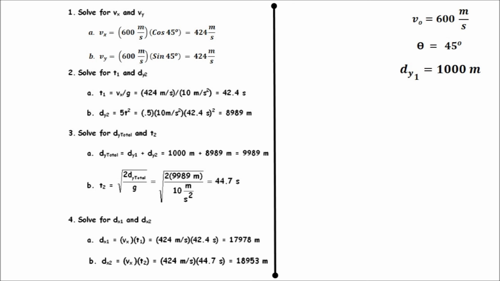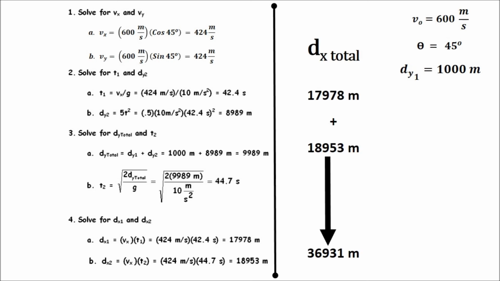Now, dx1 is going to be 424 times 42.4, and dx2 is going to be 424 times 44.7. Adding both of those values, you get the total dx. The total dx is 36,931. So follow 1, 2, 3, 4 when you're doing these problems, and you should not have an issue.